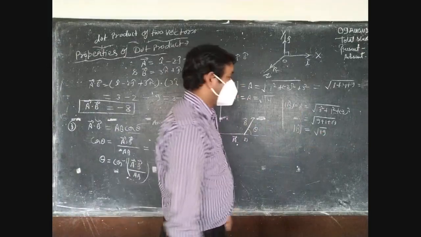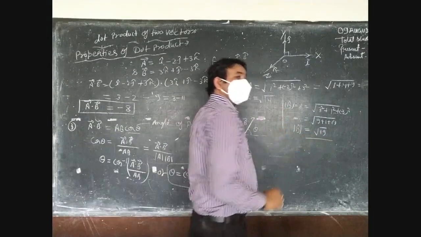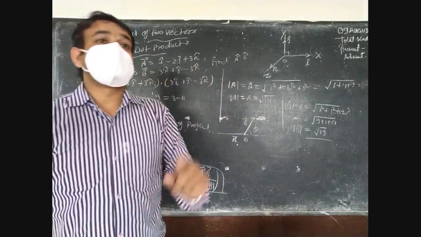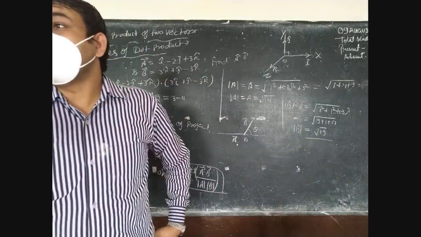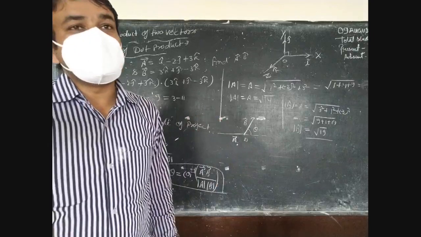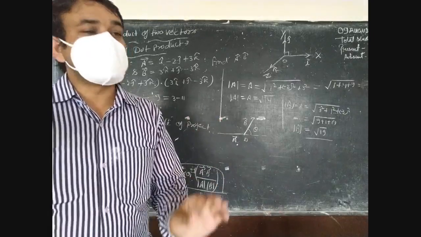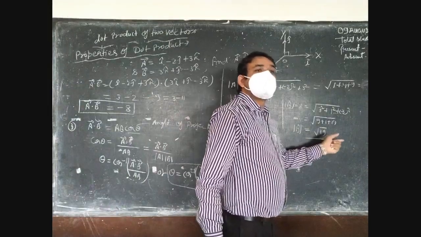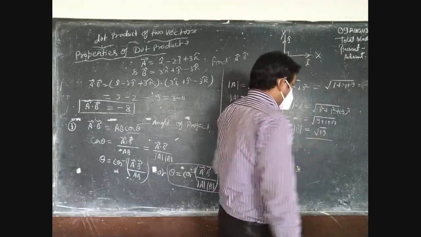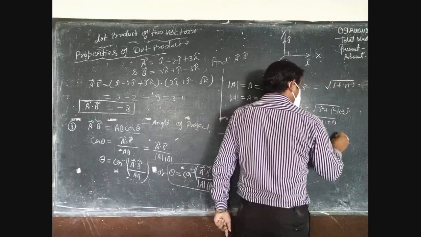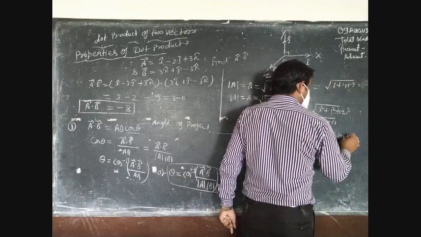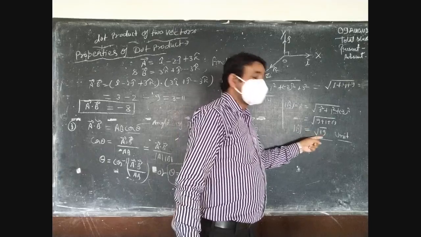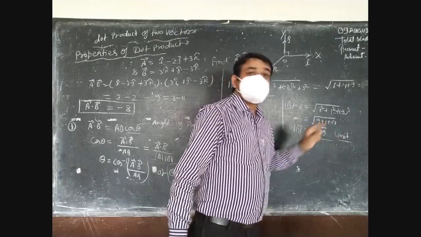The unit is given in the condition of the question. For example, if two force vectors act along each other by an angle, these two are force vectors, so you have to write the unit as Newton. Because here it is a random example, I will just write unit. Modulus of B is under root 19 unit.